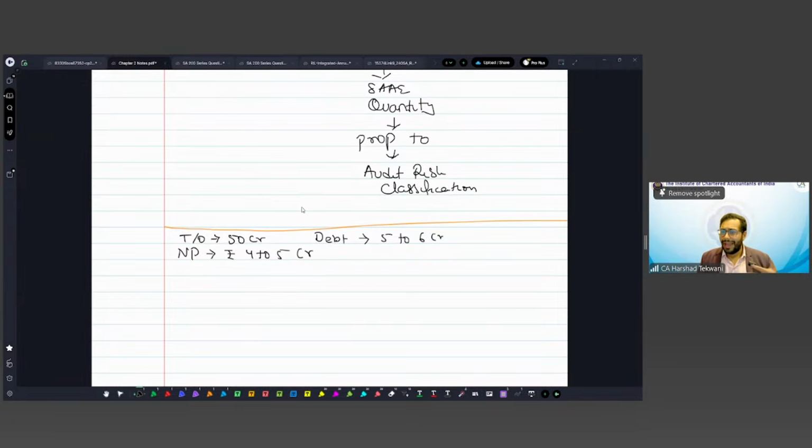Everything, a majority of the numbers, was running into CRs. Cash somewhere around 80, 90 lakhs. That was the range I'm talking about, approximate numbers of that particular entity. Now there was other expense, which is only rupees 5,000 in trial balance.